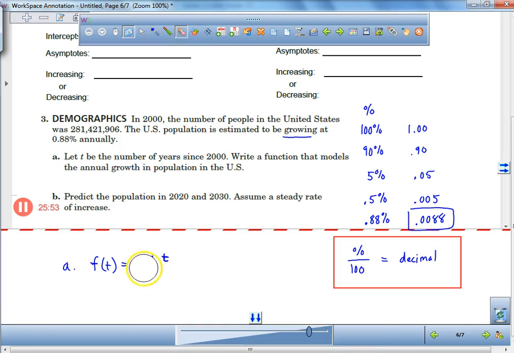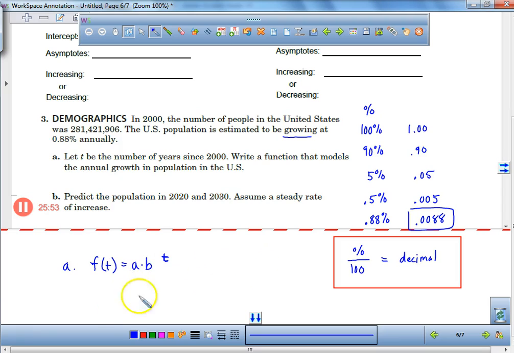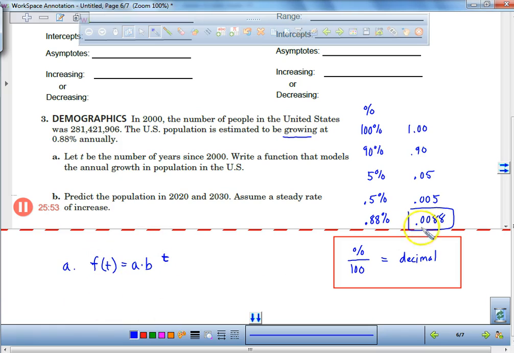Try it again: A times B to the power of t. I'm going to pause the video, see if you guys can figure out the formula using this percentage. You have to find what's called B, which in this case is going to be a growth rate. Okay? See what you guys come up with.